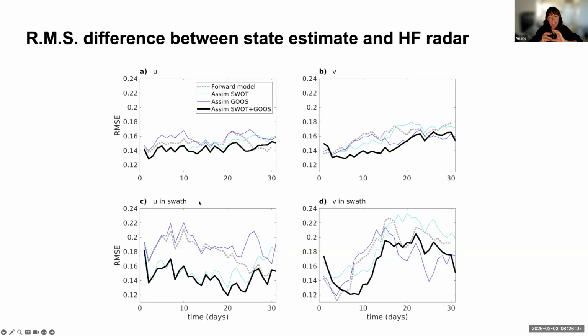If I look just where we have SWOT observations, that's where the state estimate can fit the velocity data. Whether we're assimilating just SWOT or SWOT plus GOOSE, we get similarly good improvement. It's not a massive improvement, but it is an improvement in this zonal velocity.